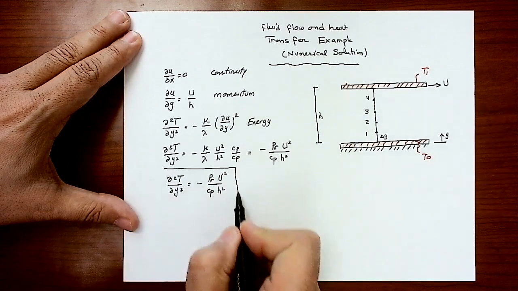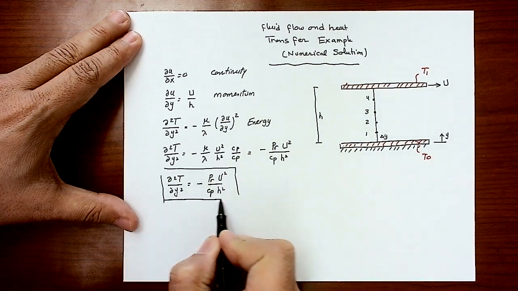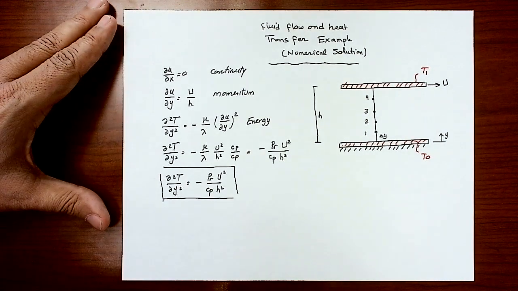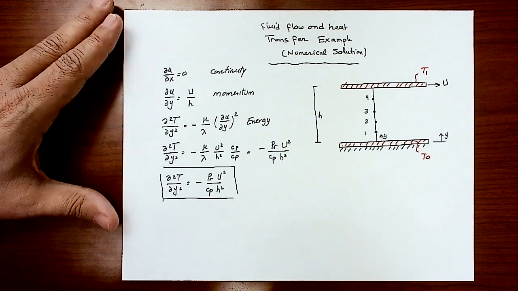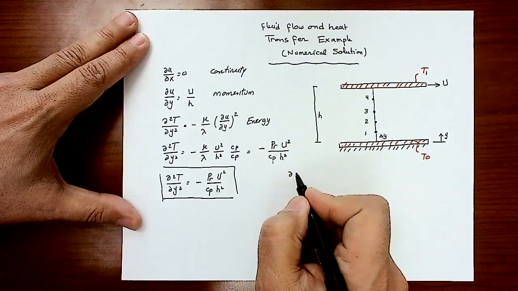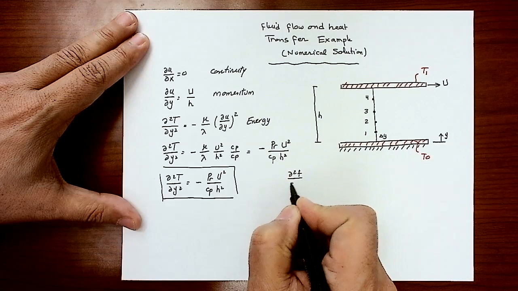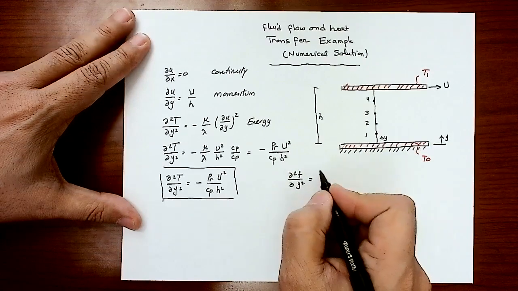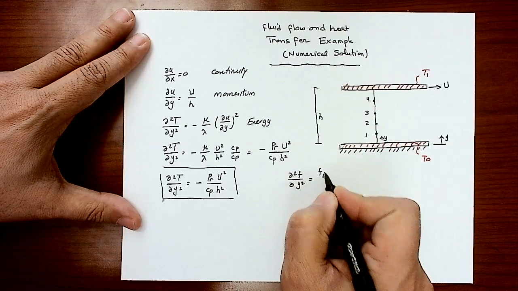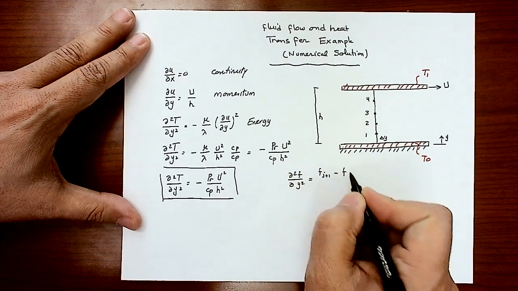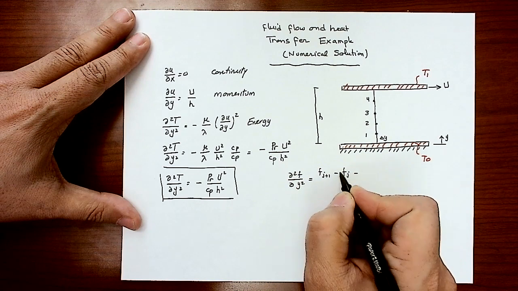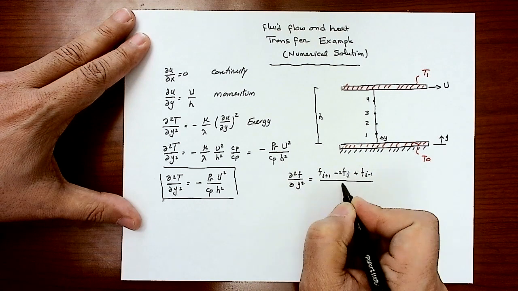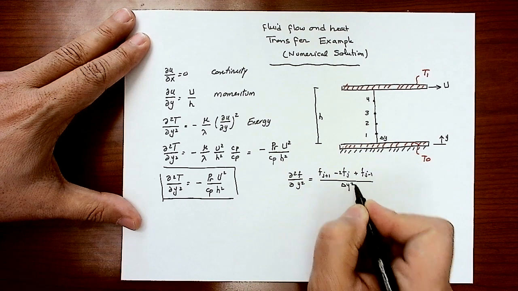So this is an equation I need to solve numerically. So far, we are only fully aware of how to use the finite difference method. So we know that the second derivative of any function can be identified by f of j plus 1 minus 2 fj plus f of j minus 1 divided by delta y square.